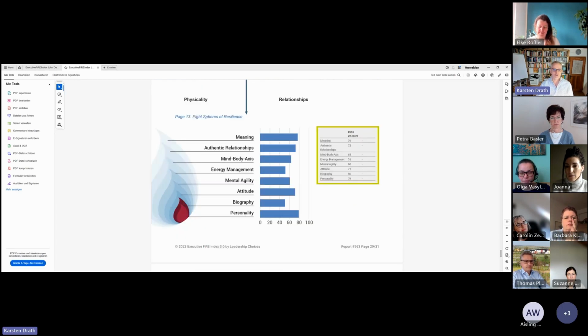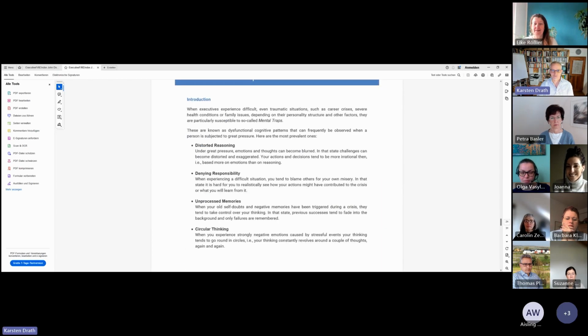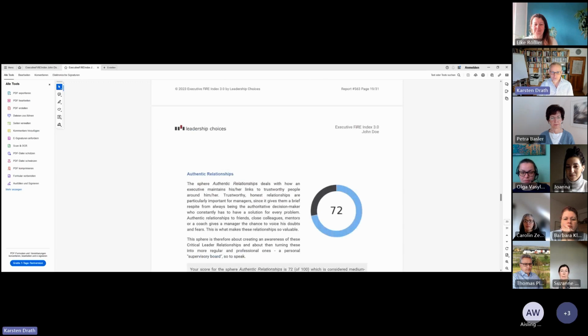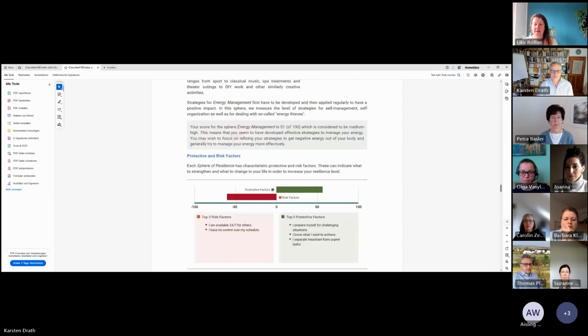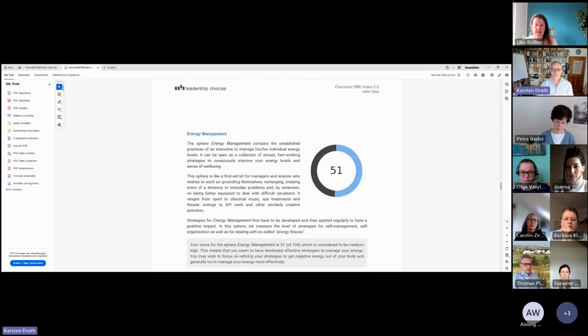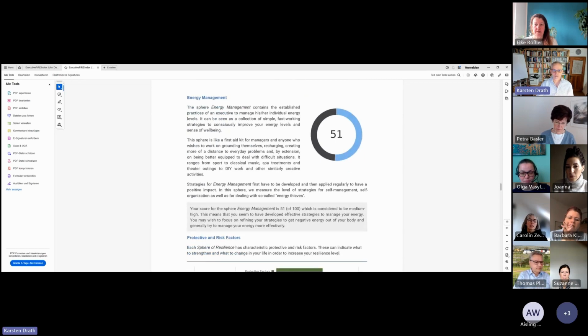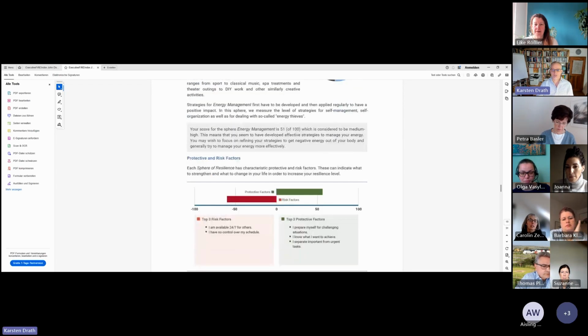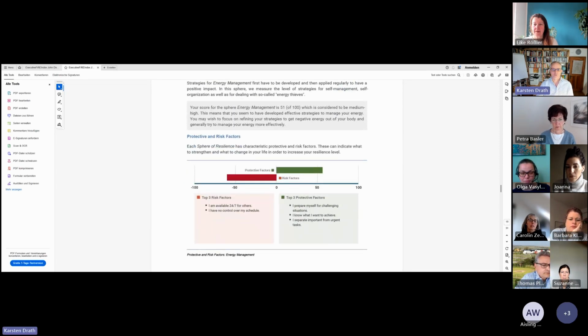So assuming we go to energy management and we want to help that person to improve in energy management, let me just close your eyes so that you don't get triggered by the reflections here. Energy management, right? What we see here are the breadcrumbs. So risk factors: I'm available 24/7 for others.